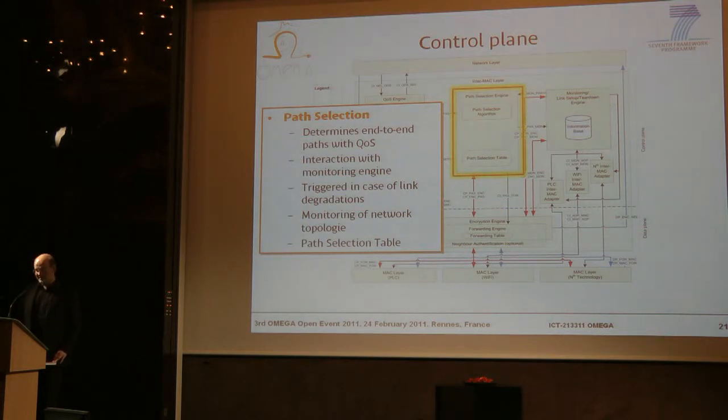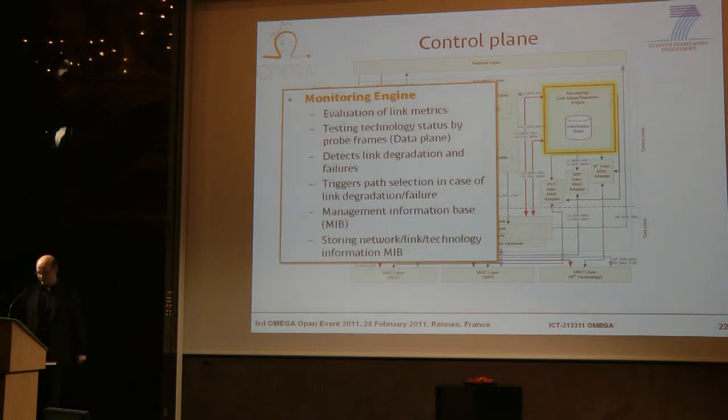The path selection interacts with the forwarding table, as I already mentioned, in the data plane over a dedicated interface, and it holds the path selection table, which is somehow the local view on the network topology of a certain node.